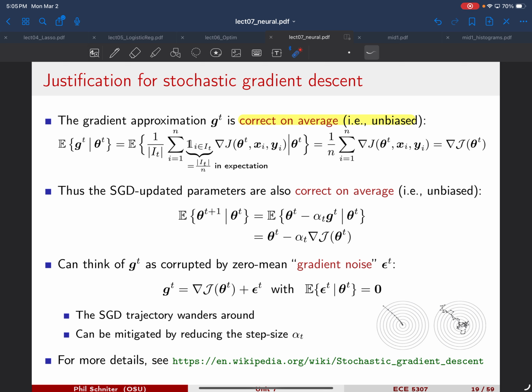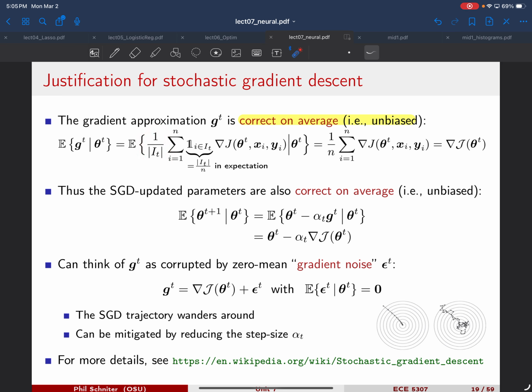So if we look at the expected value of the gradient vector at iteration t conditioned on the parameters from that iteration, here is our expression from the previous page for that gradient, where we are using an average over the size of the mini batch.